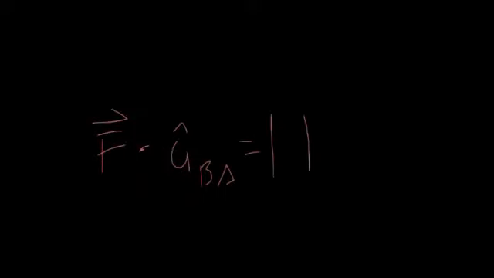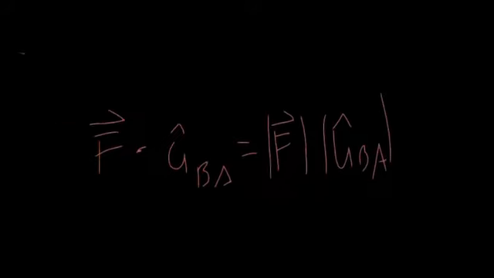So the answer, let's do it step by step. F dot a certain unit vector, BA in this case, is going to be equal to the magnitude of F times the magnitude of the unit vector BA times cosine theta.